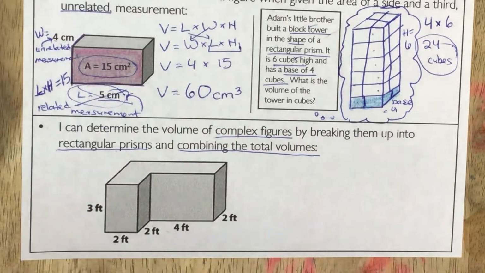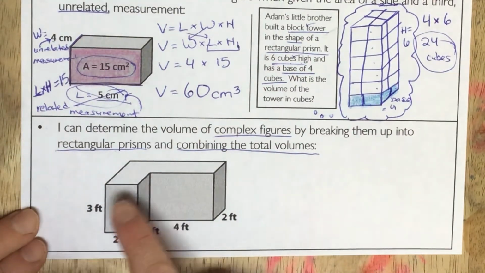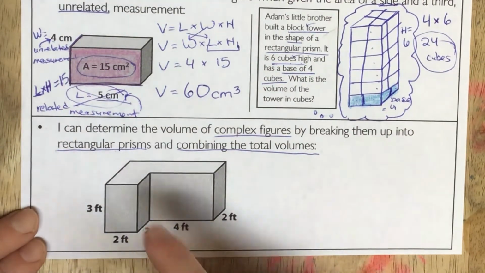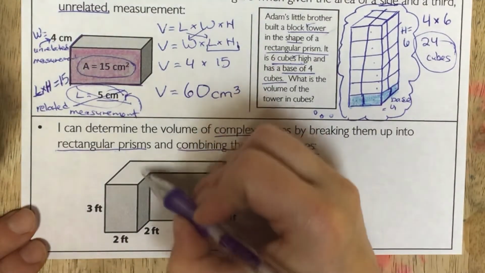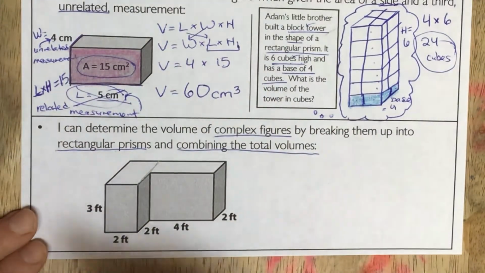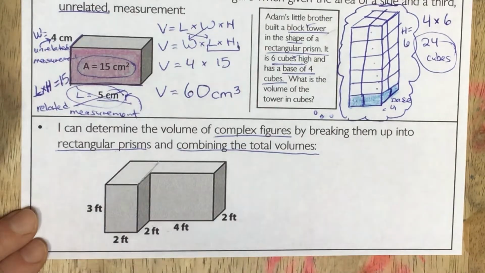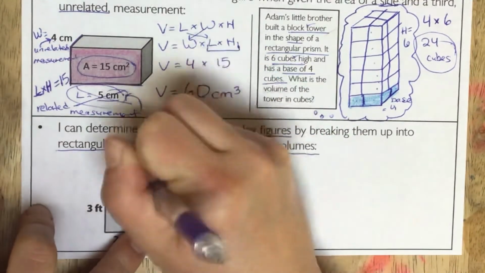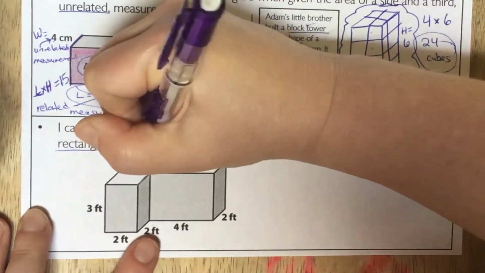To make this work, let's start first by deciding how can we cut this up so that we have 2 or more rectangular prisms. Well, when I look at it, I could cut here, bring this line straight back, and make that one rectangular prism and another rectangular prism. So that's one way we could do it. Or I could cut this way.